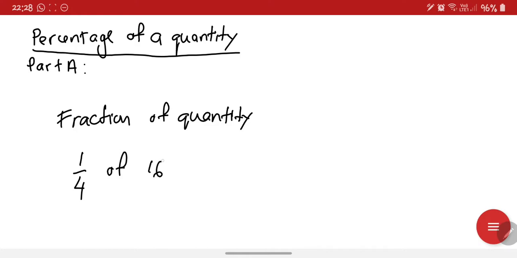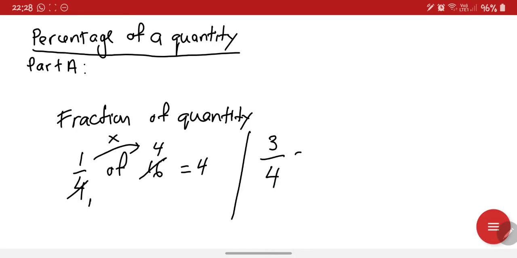Remember we did this one: we divided the whole number with the denominator, you get 4, then you multiply the numerator and the answer, so you will get 4. Another example, let's say 3/4 of 24.